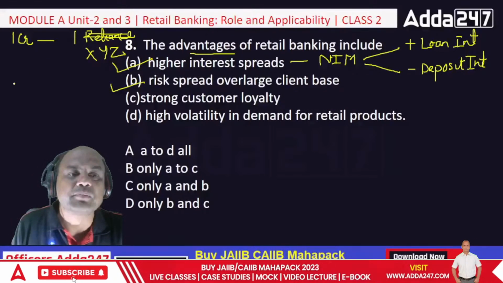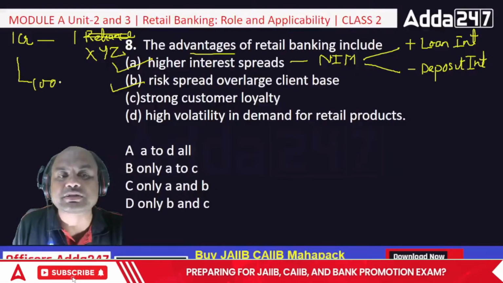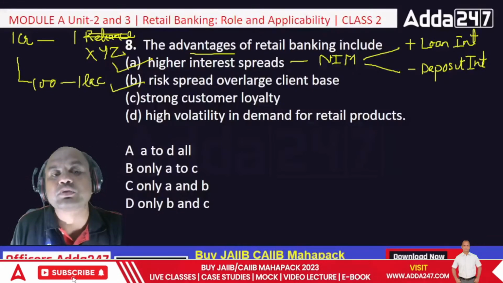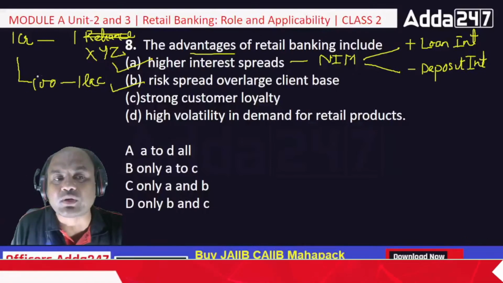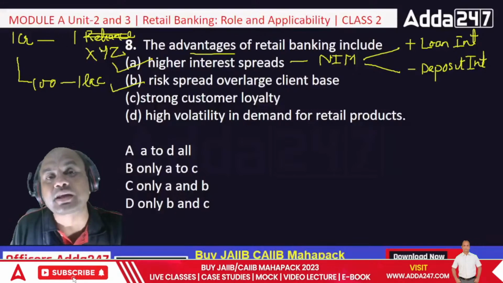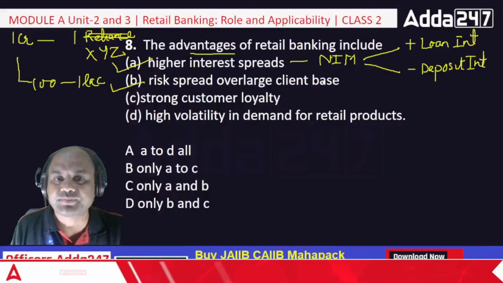But in retail banking, I will give it to 100 customers of 1 lakh each. When I give 100 customers 1 lakh each, there are very few chances that all 100 will become NPA, whereas there is a high chance that a single customer can become NPA. So that's why risk is spread over a large client base.